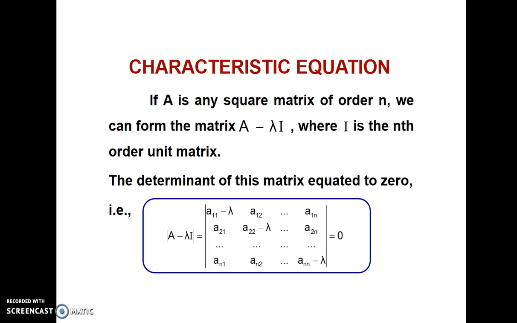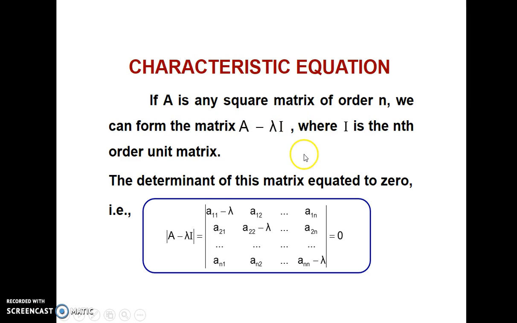Now I'll tell you what a characteristic equation is. If A is a square matrix, say of order n, then we can form the matrix A minus lambda I by subtracting lambda from the diagonal elements. I is the unit matrix.